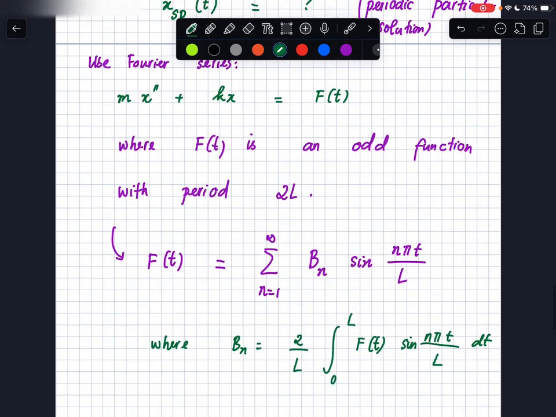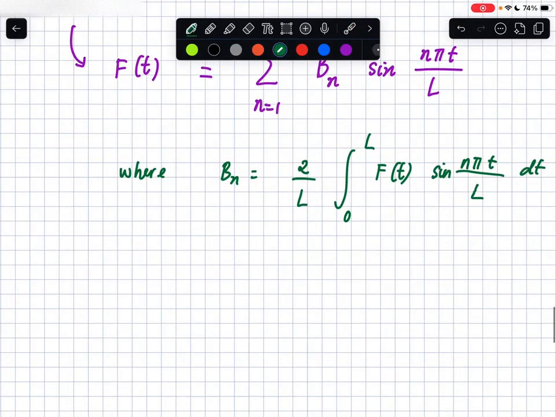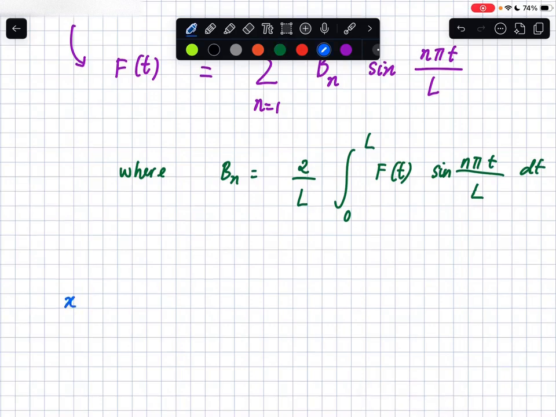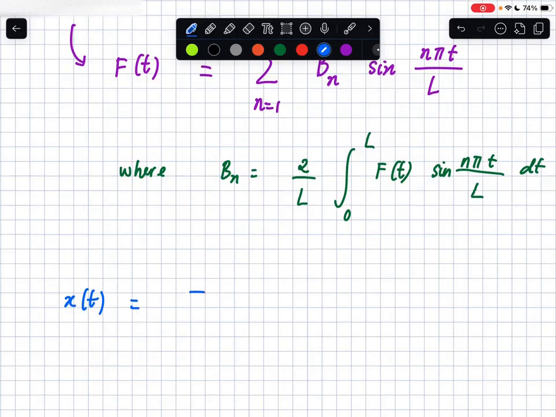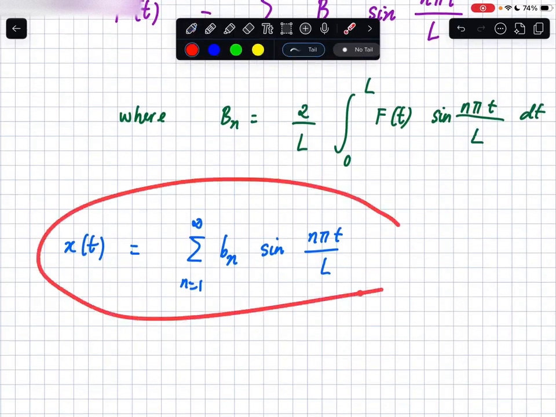Now we use Fourier series methods. You write down x as a Fourier series. x(t), we also use the odd function. So I write it as summation of small b_n sine n pi t over L, n from 1 to infinity. And you try to get the formal Fourier series solution.